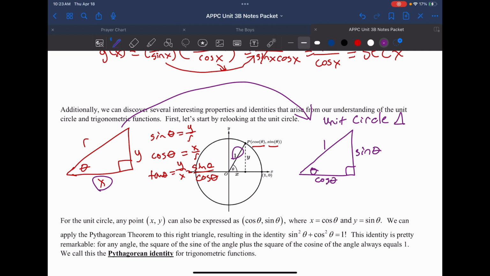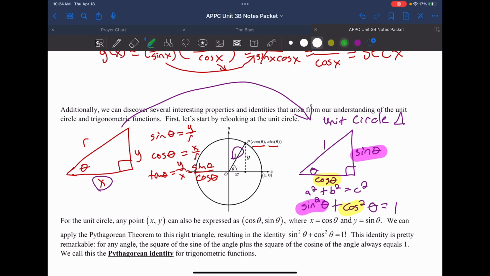I've got a squared plus b squared equals c squared. My a is sine. You can do sine or cosine in either order, but you'll usually see it like this. So sine squared theta plus cosine squared theta equals 1.